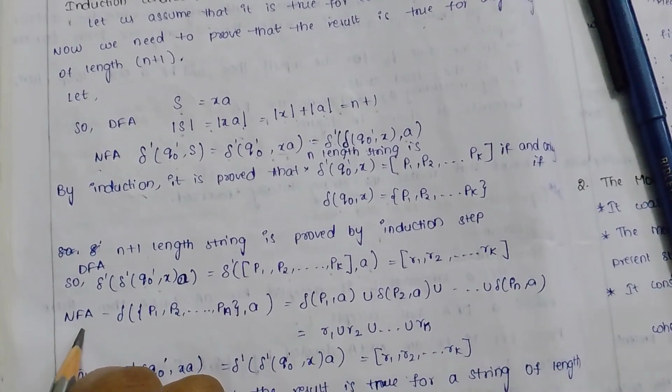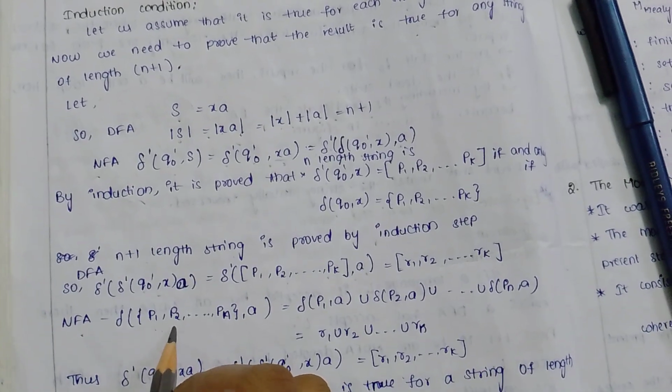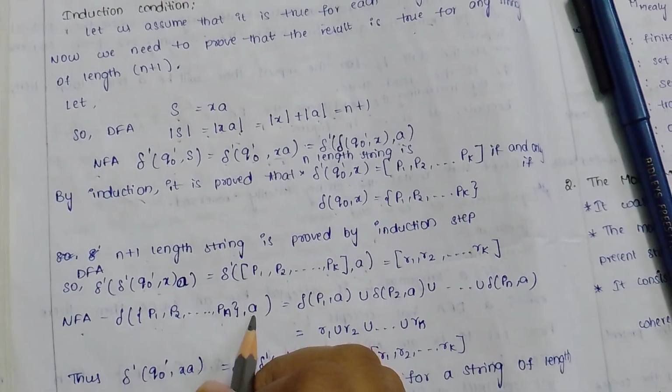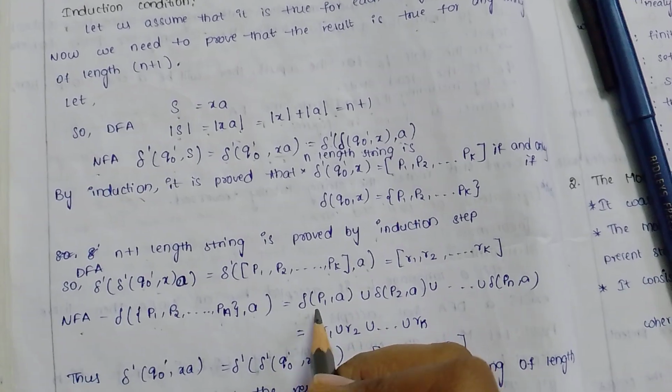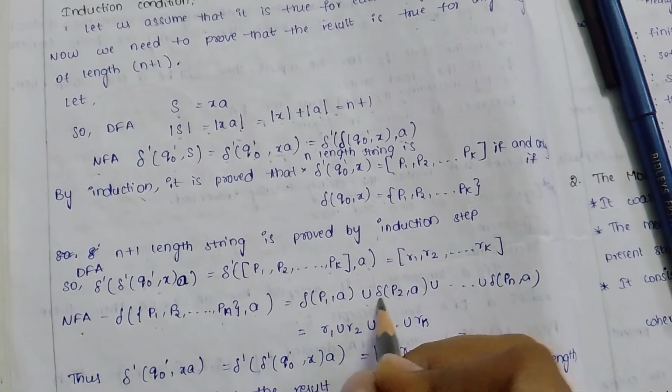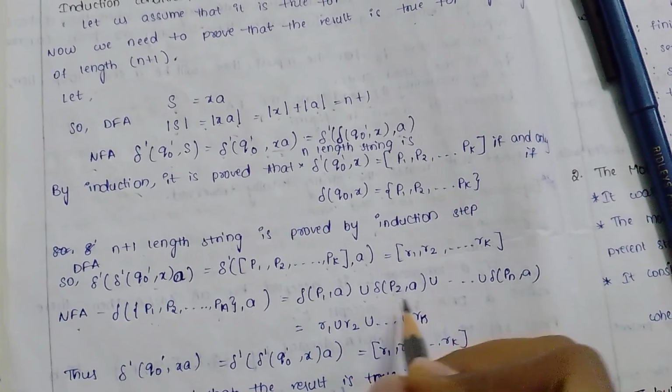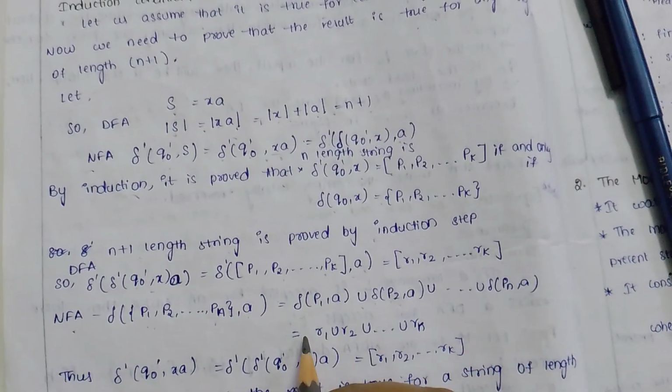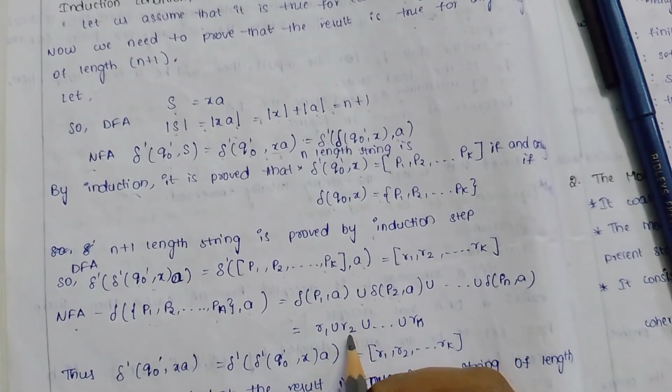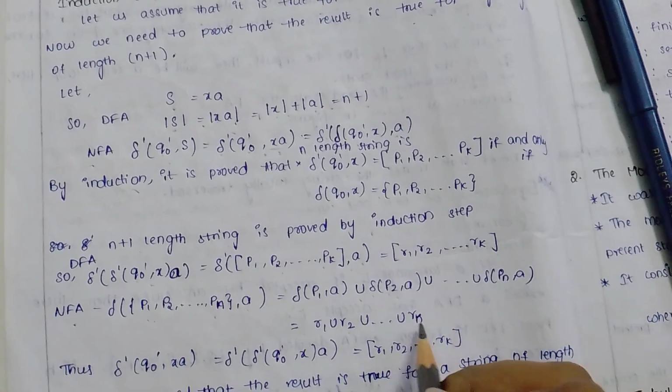Next in the NFA, δ of p1, p2 and so on pn with input a gives δ of p1 with input a union δ of p2 with input a and so on, which gives r1 union r2 union and so on rn.